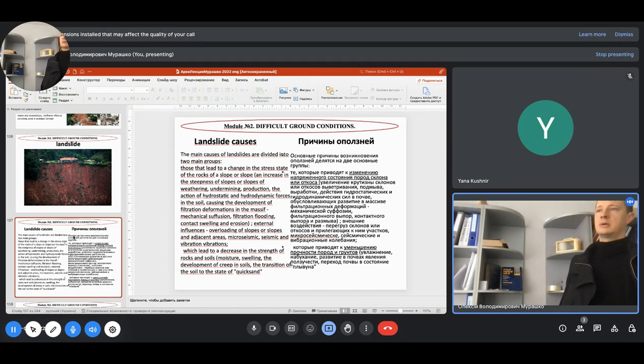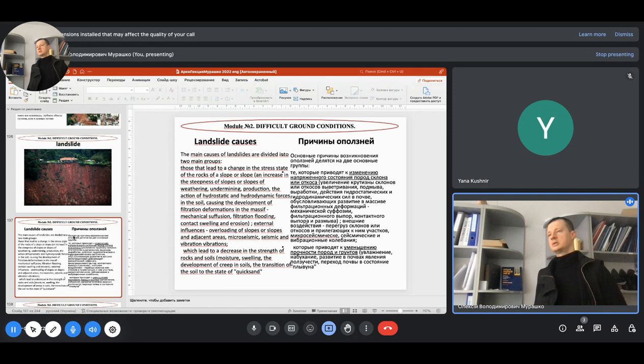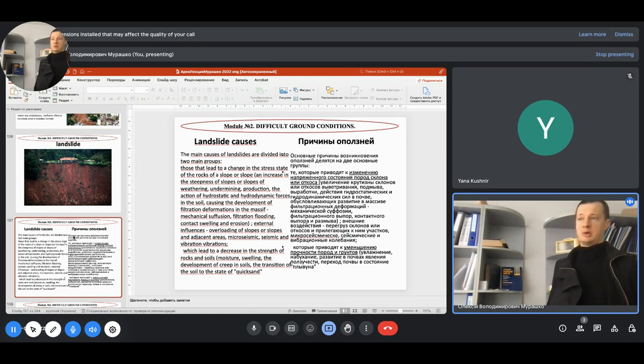It can be connected with various external influences like overloading, so it may be additional loads connected with microseismic or seismic or other vibration.